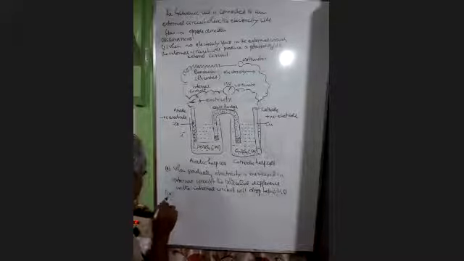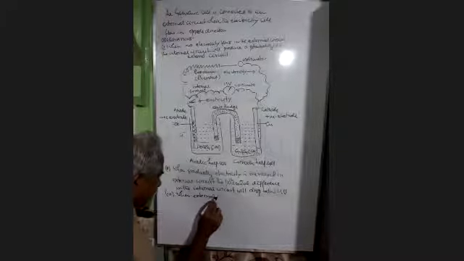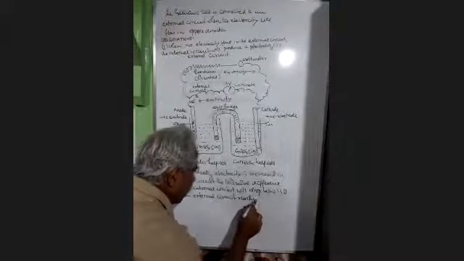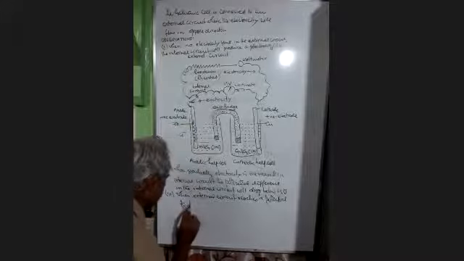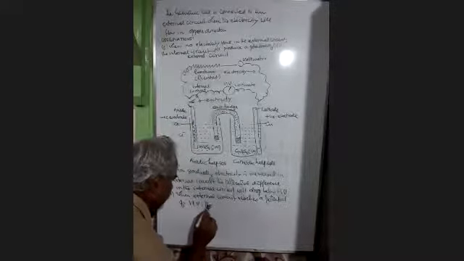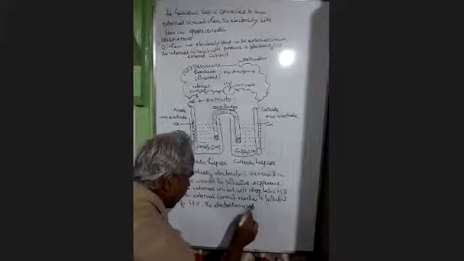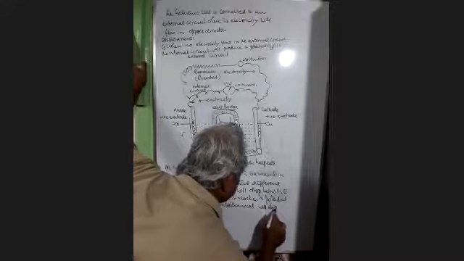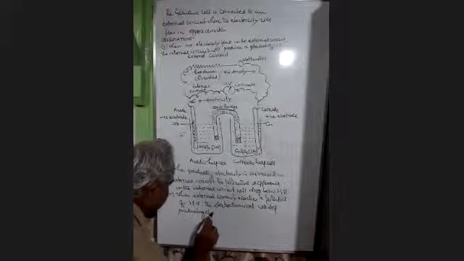Third, when the external circuit reaches a potential of 1.1 volt, the electrochemical cell will stop producing electricity.